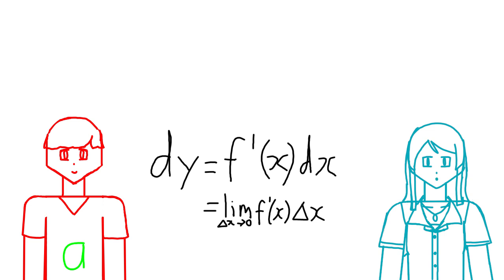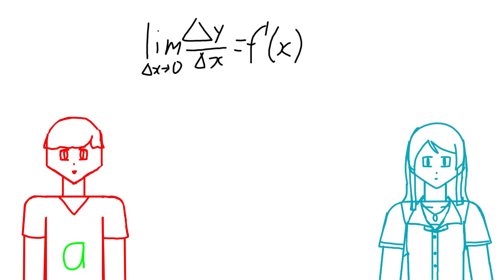But wait, we're still just defining 0 by 0. Not if we remove the limit sign. Oh yeah, now that we have defined dy like this, the ratio between the stuff inside the limits remains constant. And now if dx is non-zero, then dy is also non-zero. But then, it doesn't feel like an infinitesimal anymore, it's just a very small number.